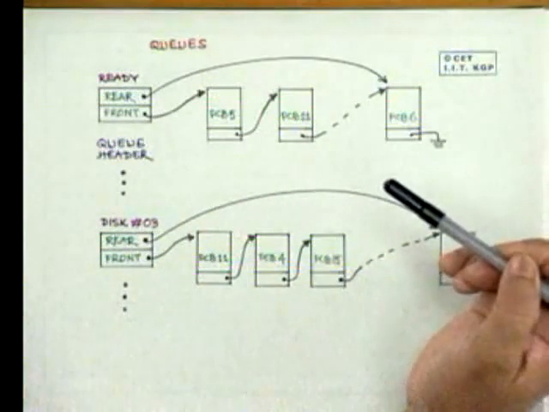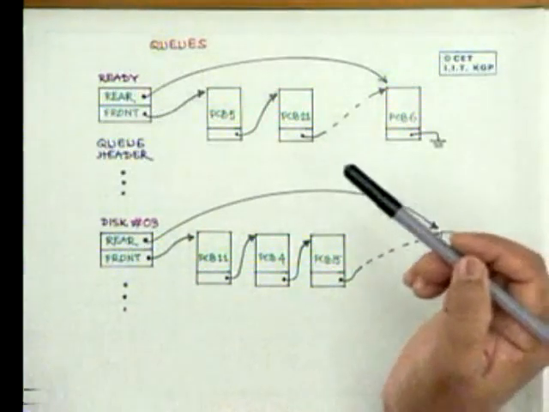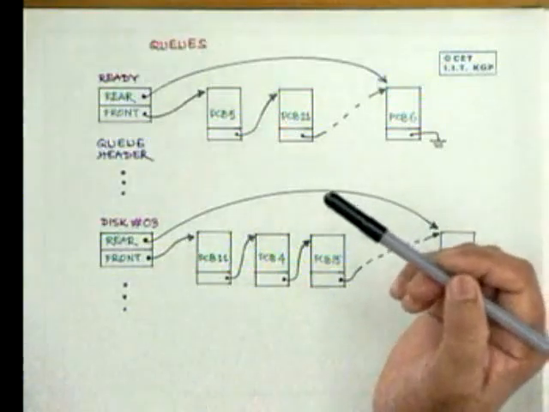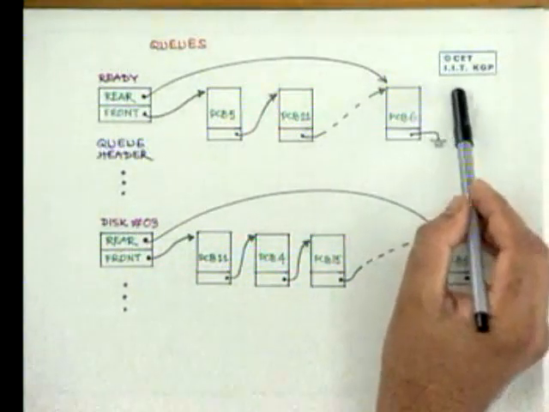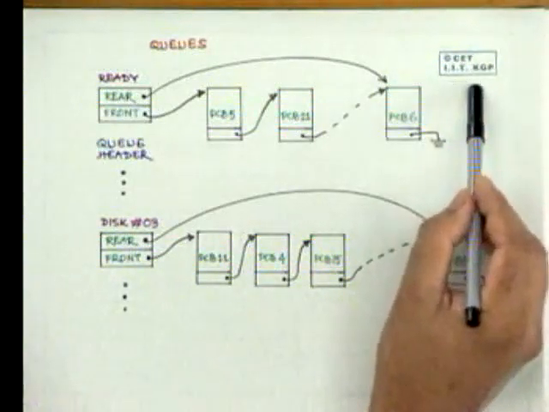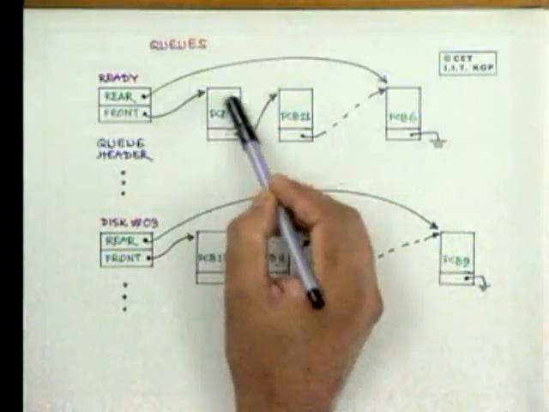Any process that comes from any of the waiting states, or from the submit state, has its process control block created and chained up with this linked list.